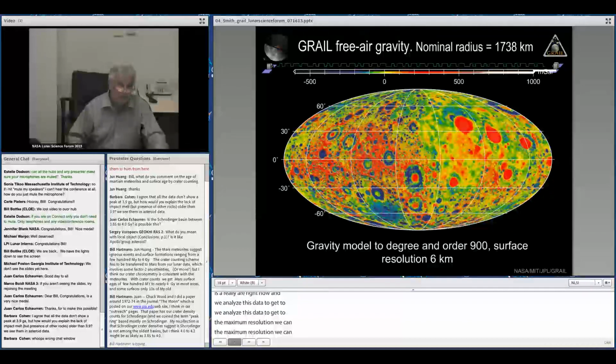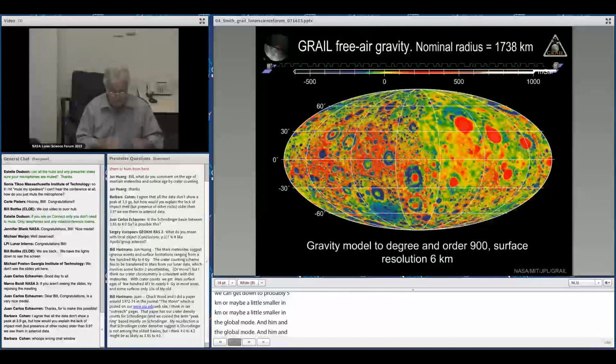We expect to get to a little over 1,000, but there we think we'll have to go into local analyses of the regions, which will be done also at other resolutions as well. But we think we can get down to probably about 5 kilometers in resolution, maybe a little smaller in the global mode. And it will depend on where you are on the planet also, because the altitude will vary.